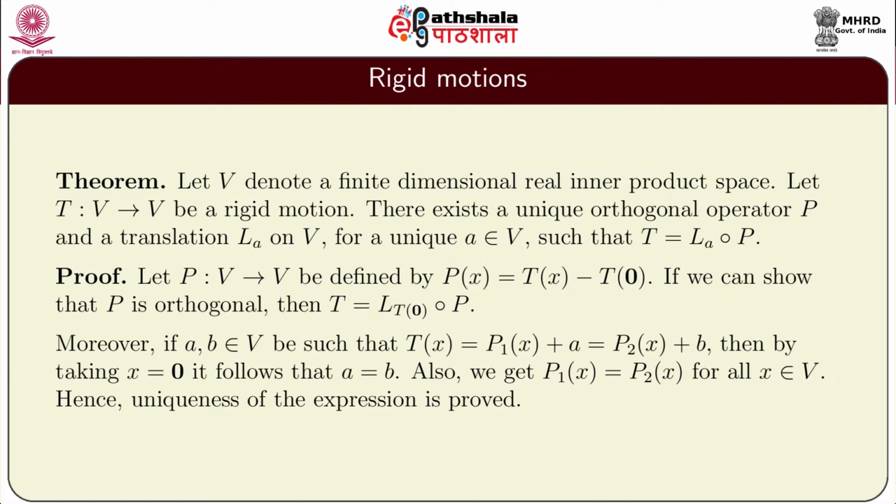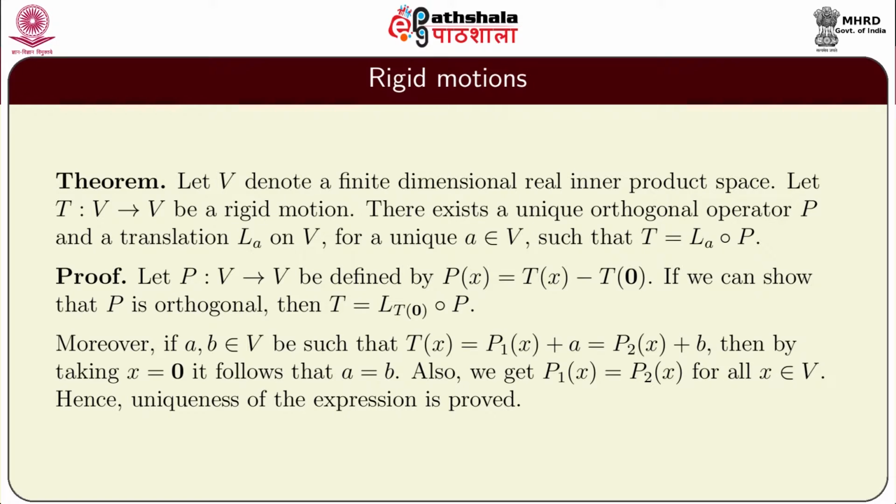There exists a unique orthogonal operator P and a translation Ta on V for a unique a in V such that T is equal to Ta composition P. So, this theorem in fact characterizes rigid motions on finite dimensional real inner product spaces.